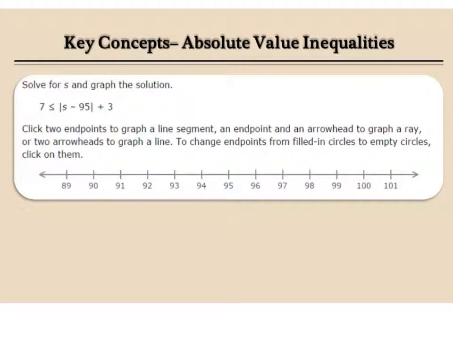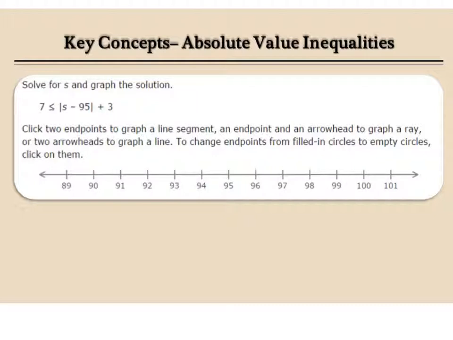Alright, my next couple examples I'm going to show you are just a little more difficult, but they're basically the same thing. Now remember, before I said when you work out an absolute value equation or inequality, you need to make sure you have nothing but the absolute value before you start setting it up.